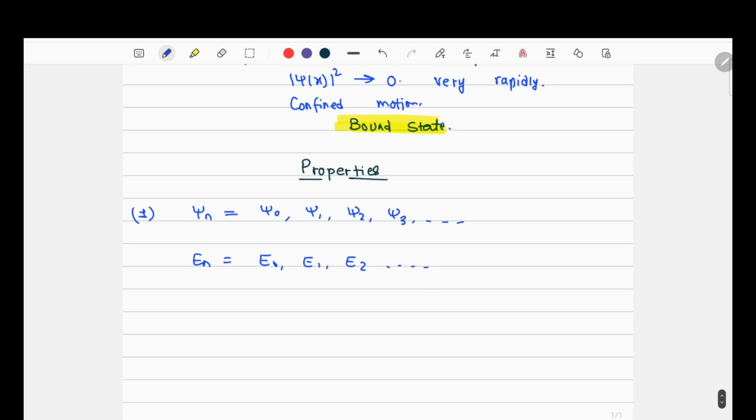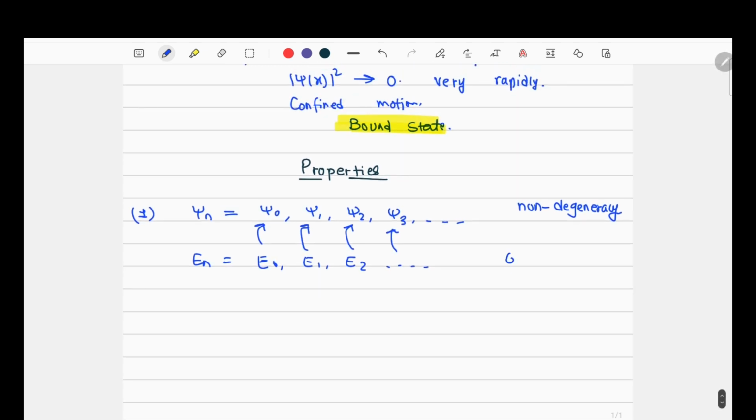So what I mean by non-degeneracy is that E0 corresponds to xi0, E1 corresponds to xi1, E2 to xi2, and E3 to xi3 and so on. That is, for every state there is an energy which does not belong to another state. So this is the non-degeneracy, which is an inbuilt property of the 1D bound states.